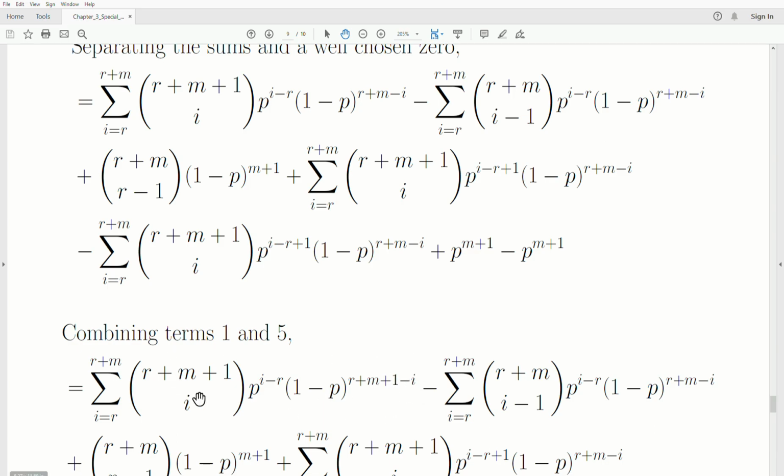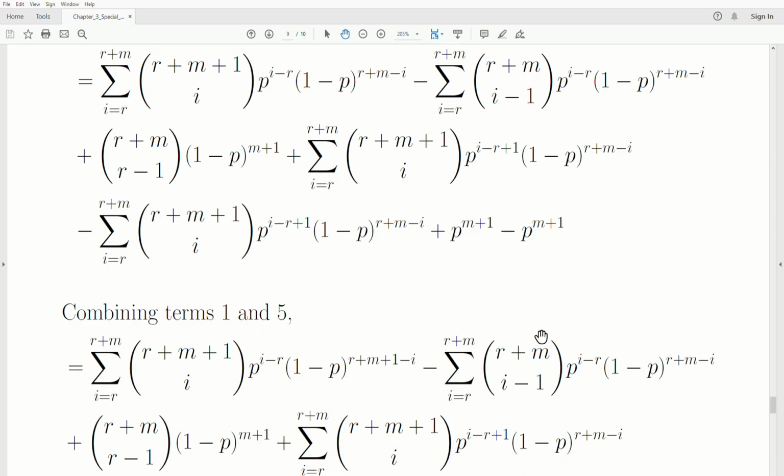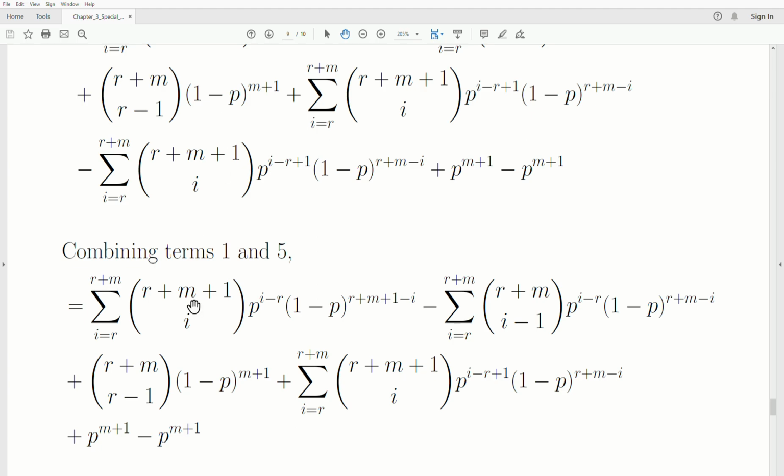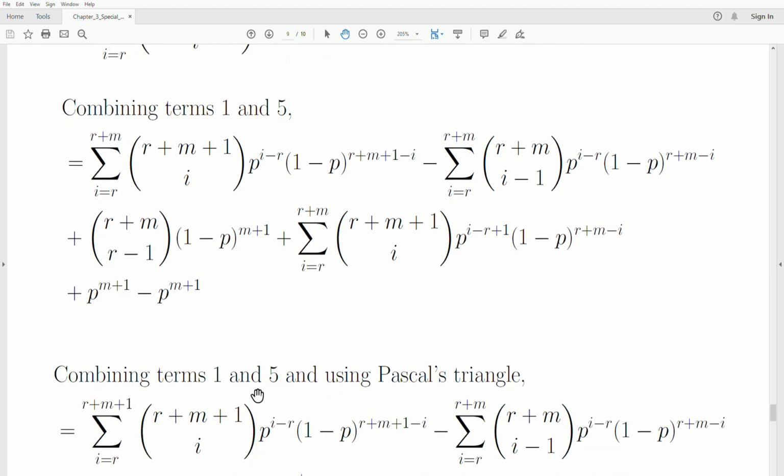So this term is combining terms 1 and 5 from before, and otherwise everything comes down, and then this well-chosen zero.